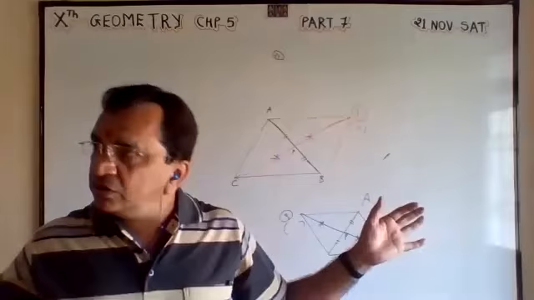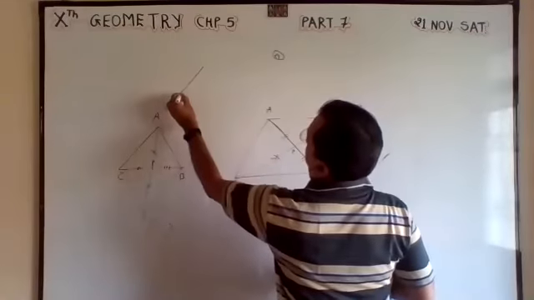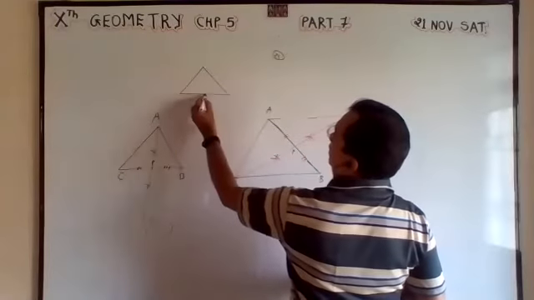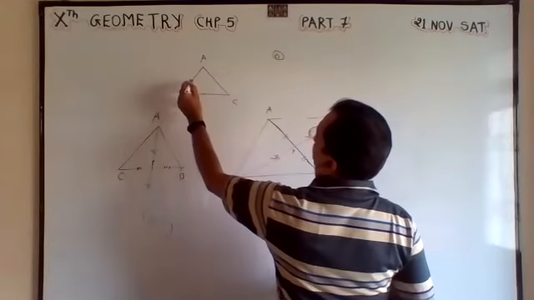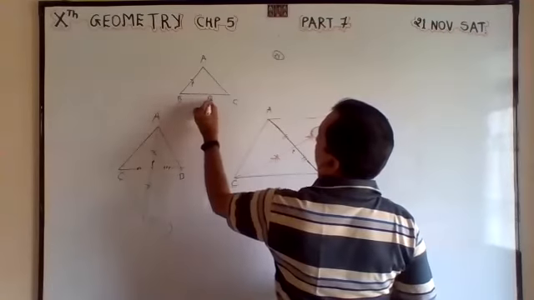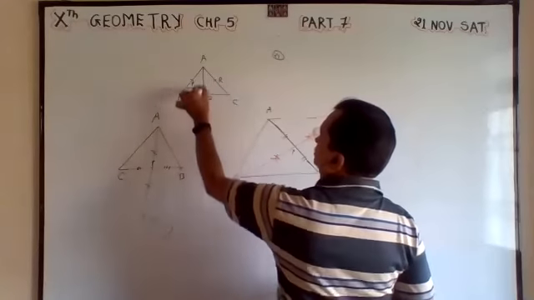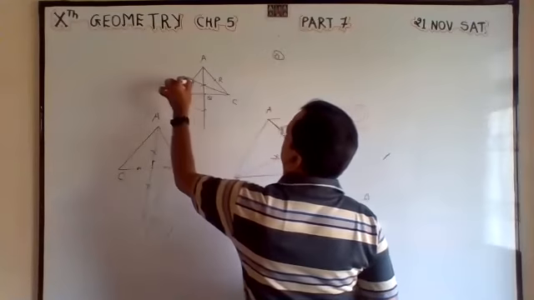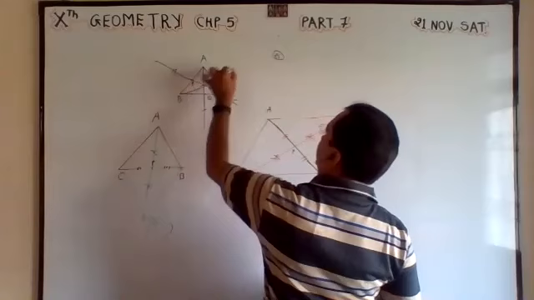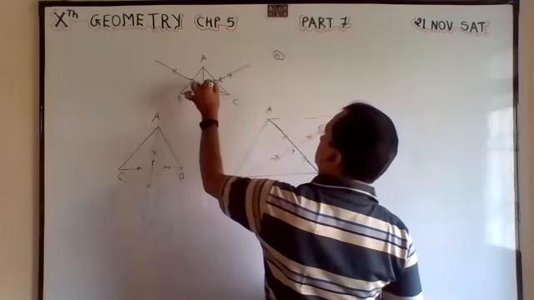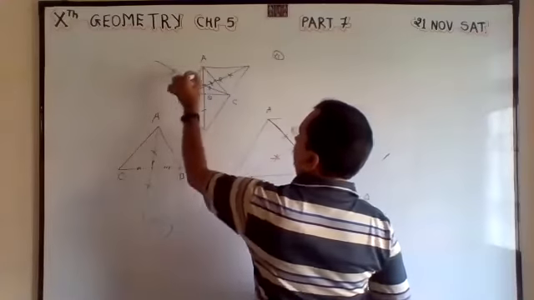Now I will draw the joint diagram. Take midpoints. This is A, B, C. AB midpoint P, BC midpoint Q, CA midpoint R. Now join and extend that much. Join and extend that much. Join and extend that much. Now join. This is one parallelogram. This is one parallelogram.